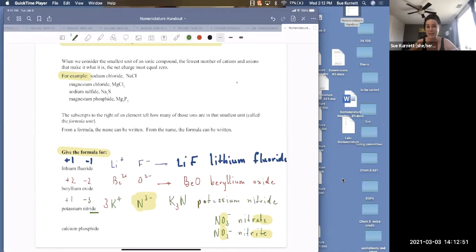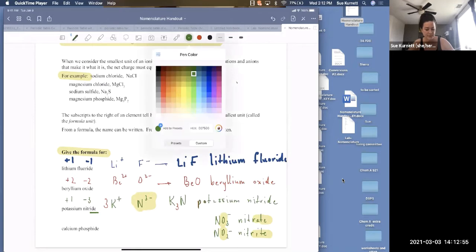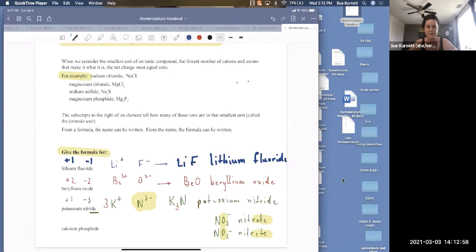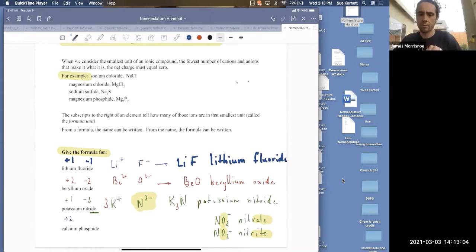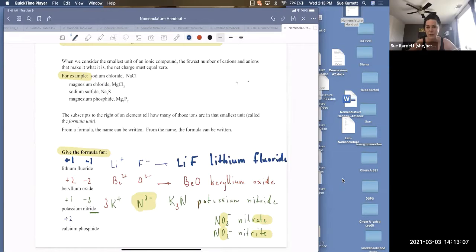Calcium phosphide. What charge would calcium ion have? Perfect. 2. Yep. And then phosphorus is also in group 5, but needs to gain 3 electrons to become like argon. So here we're looking for the lowest common multiple. We're looking for the number that both of these multiply into, and that would be 6.